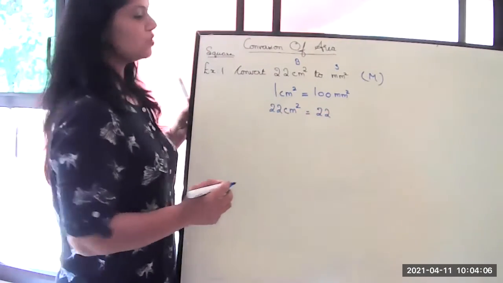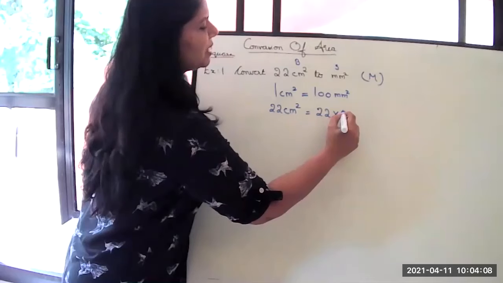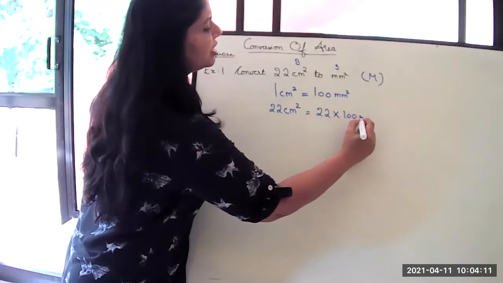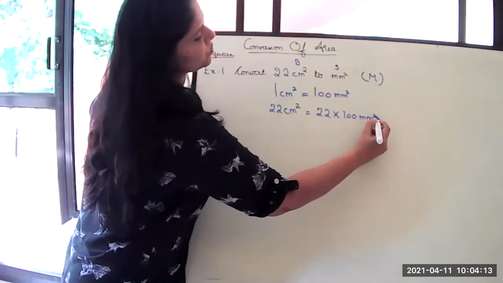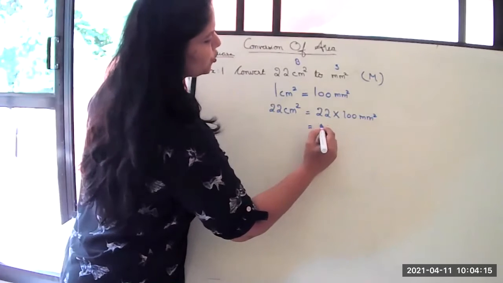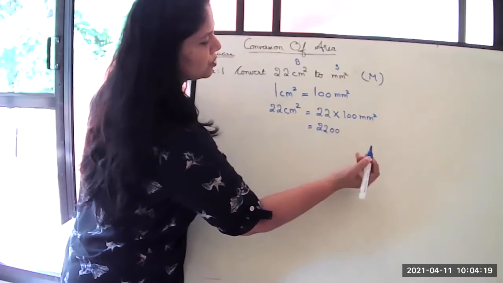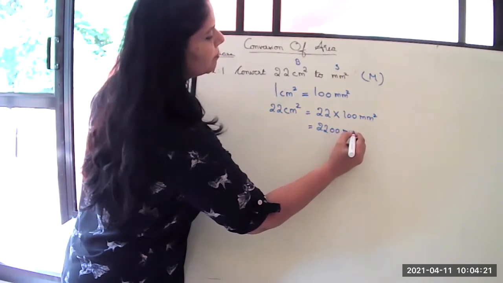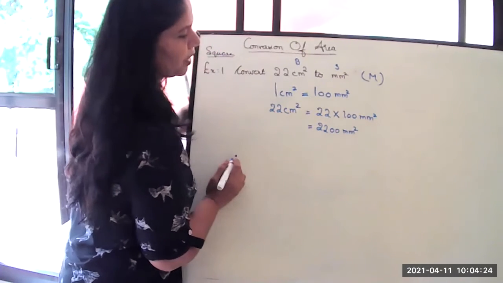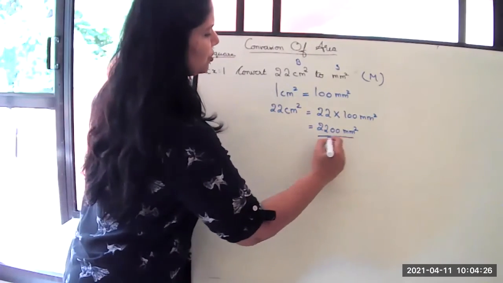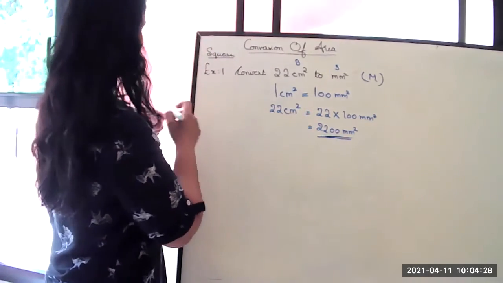Instead of centimeter square, what I will write? Multiplied by 100 millimeter square. That is equal to 22 and there are 2 zeros. So 2 zeros mm square. Okay. So this is your answer. Now let us try another one.